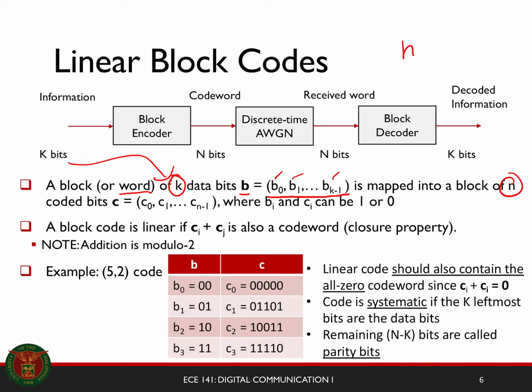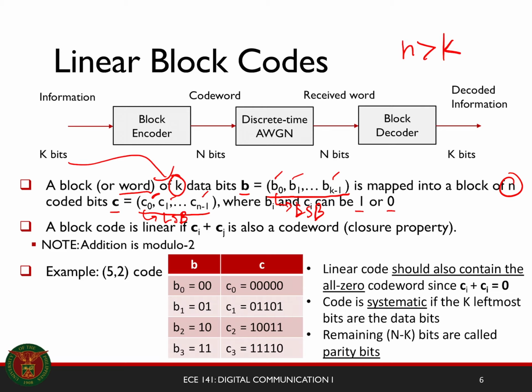Note that n is greater than k, and you have a coded word, or code word, which can also be represented as a vector and arranged this way. So C0 here is the least significant bit, and B0 here is the least significant bit. All of these are bits, so they can either be 1 or 0.